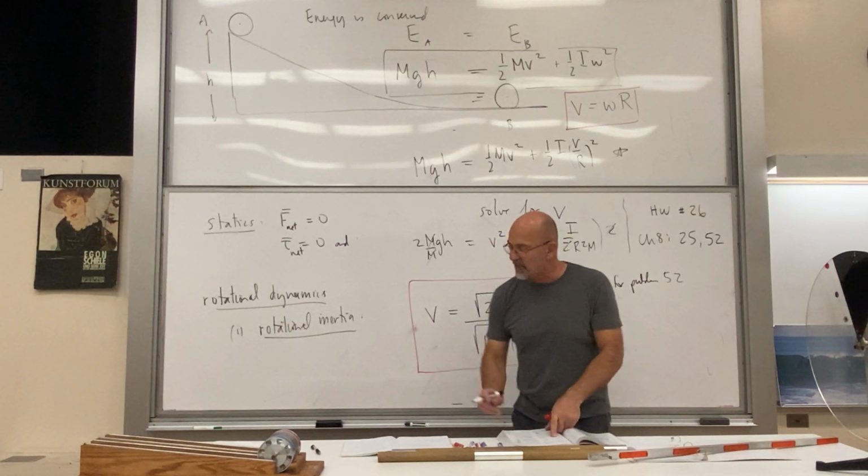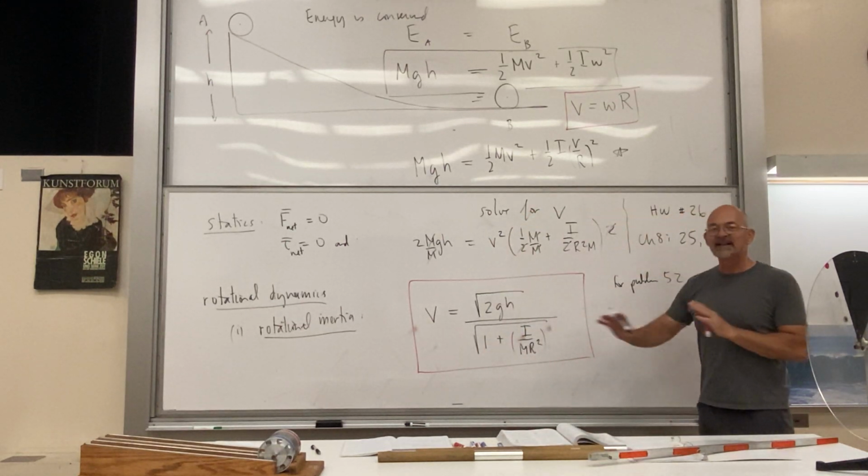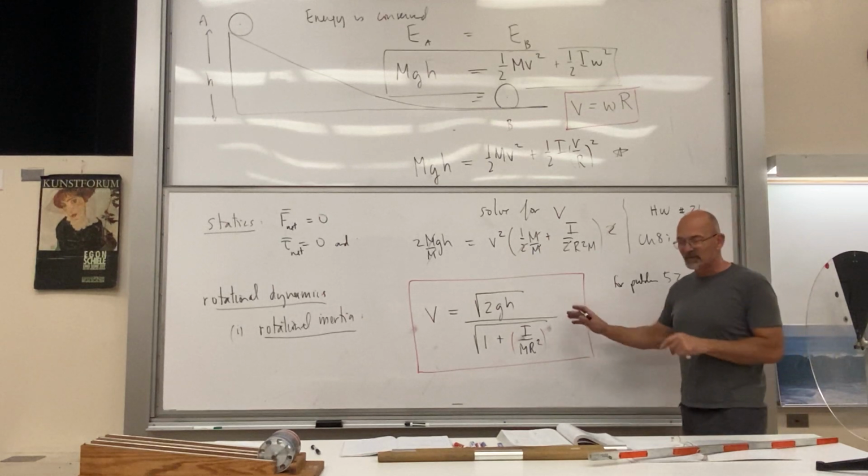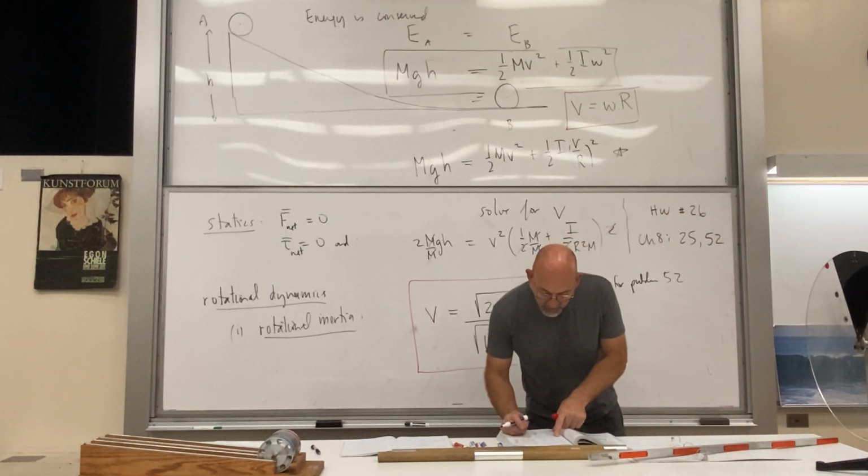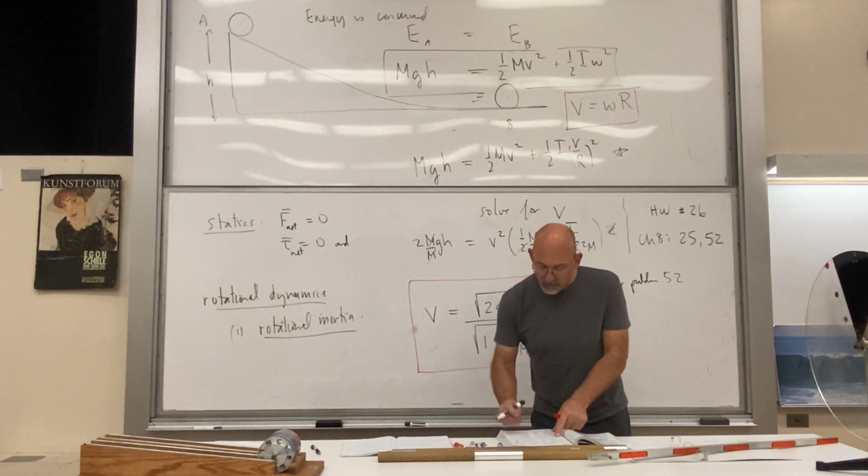First of all, solve it completely analytically. Don't plug any numbers in until the bitter end. They've got a ramp with an angle, and ask for the angular speed of the sphere at the bottom if it starts from rest.